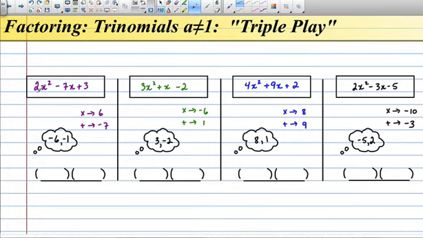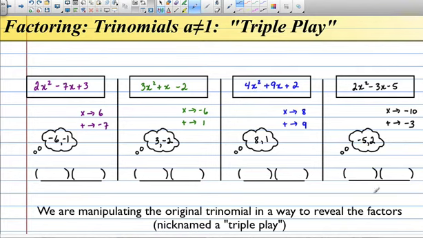We look at the first term and only use the 2x in the brackets. Here we use 3x, 4x, and 2x, and we just, for no other reason, place them in the brackets. Notice we use the 2, the 3, the 4, and the 2 in the bottom. The next step is to place these magic numbers into the brackets. So each set is different, but you keep the sign of the numbers in the brackets.